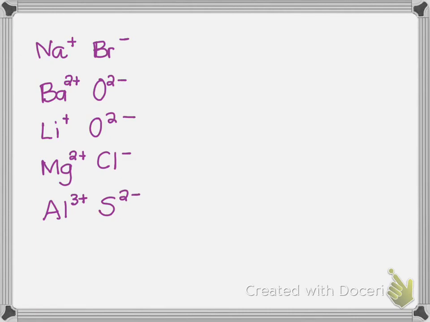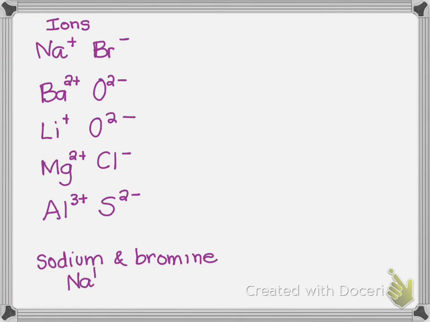So let's take a look at these. These are just the ions. And if you were given the names, so for example, if I had written sodium and bromine, you would need to use the periodic table to find that sodium is a +1 and bromide is a -1. Okay, so to figure this out, you use the periodic table, and that is video 1. I'm not going over that again in this video.